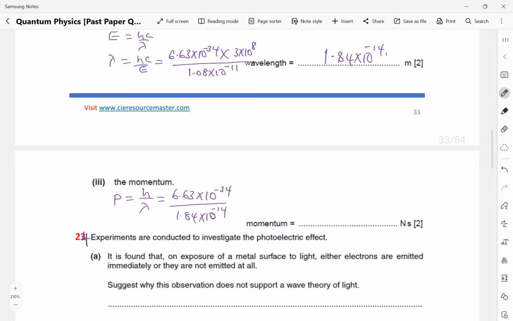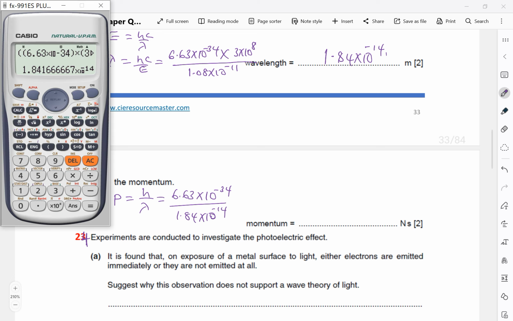A wavelength cannot be power positive 14 for a photon. So I'll check with my calculator: 6.63 exponent minus 34 divided by 1.84 exponent minus 14. So that's 3.60 times 10 to the power of minus 20.